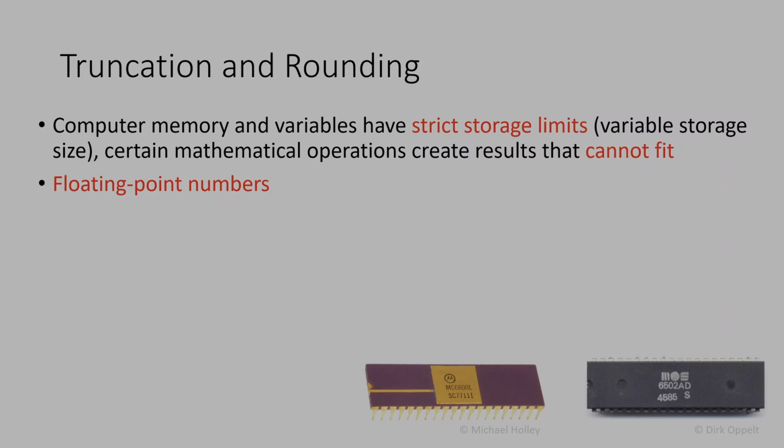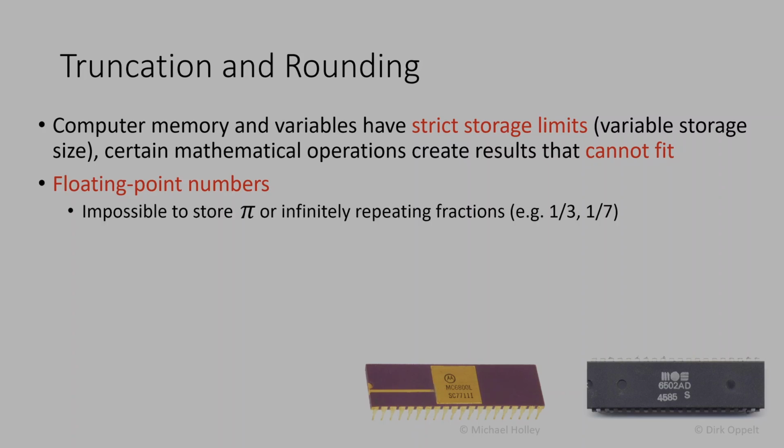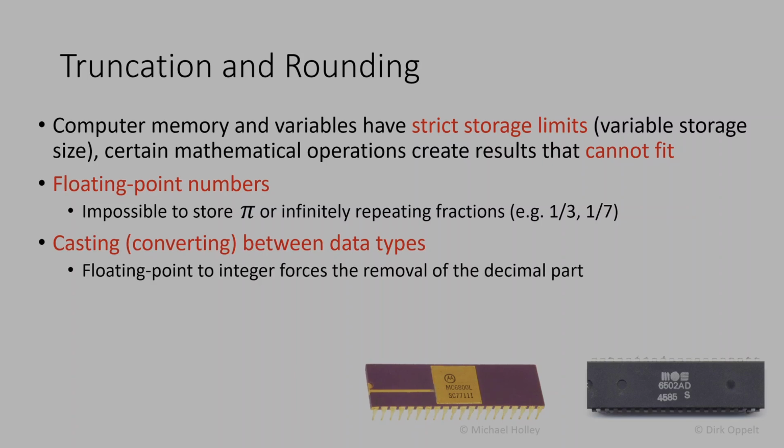So floating point numbers, for example, it's impossible to store those fractions or to represent pi given a number of bits. So you could go on forever, you could have an infinite number of bits representing these decimal numbers, but you have to chop them off at some point. Casting, so between data types, if you turn a floating point into an integer, well, integers don't store the decimal part of the number, so you have to get rid of that.